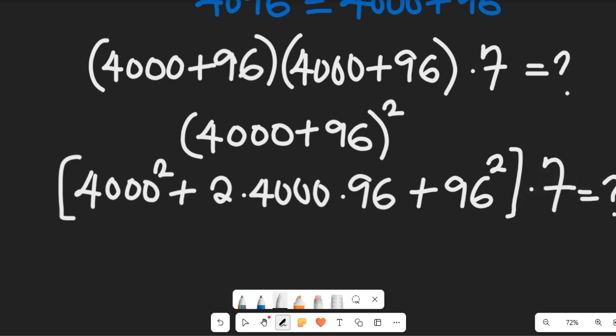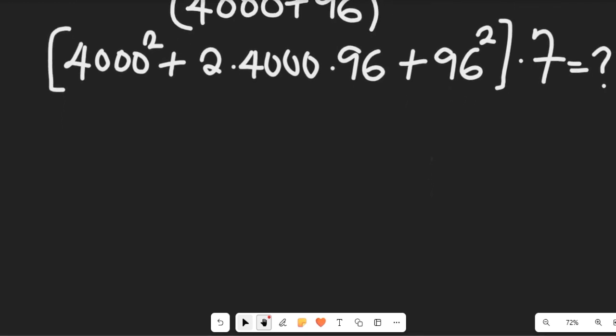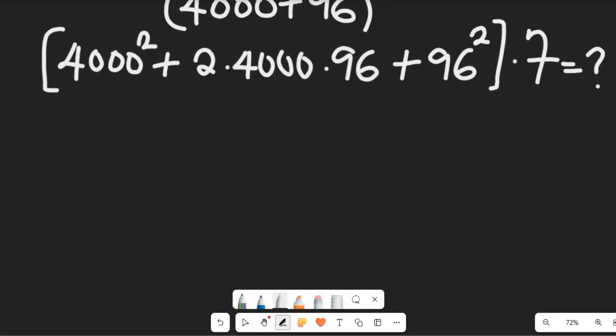And if we simplify this, 4000 squared will give me 16,000,000, right?